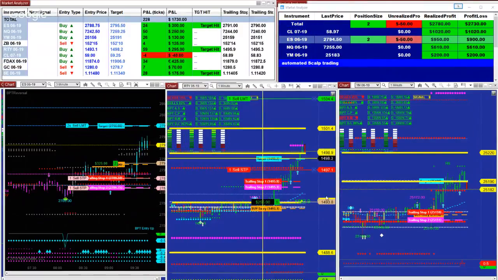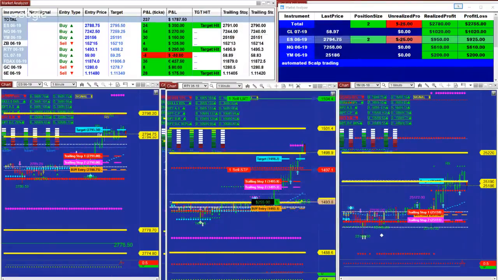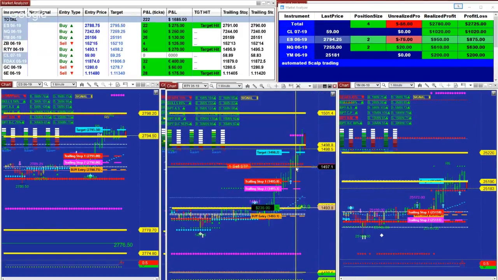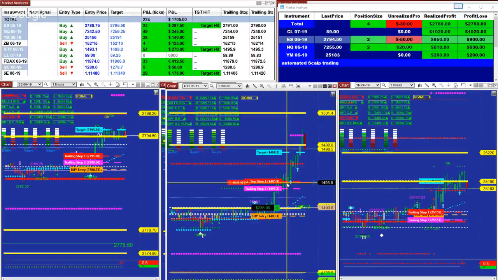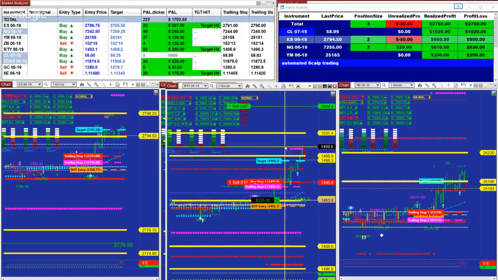And as you see, the reason I like the ATM, and I'm trying to push my traders to use the ATM, not the fully automated, is because I can pull back, I can increase my target, I can close my target.